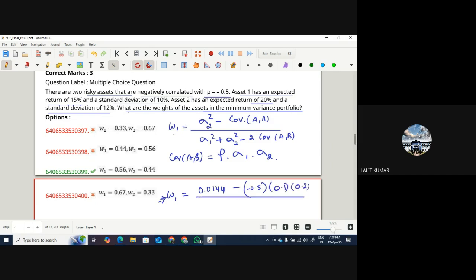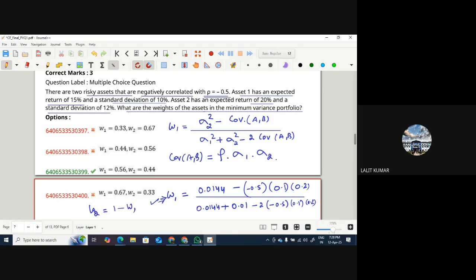The denominator becomes 0.0144 plus sigma 1 square, which becomes 0.01, minus 2 times covariance. Solving this, we can get W1, and W2 will be nothing but 1 minus W1.